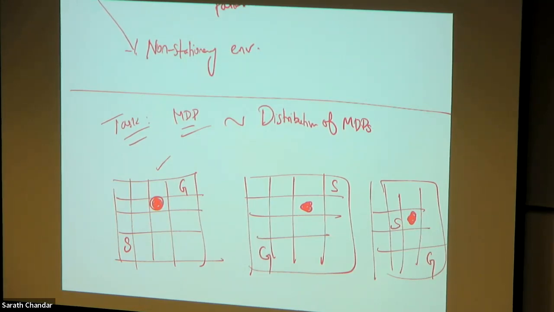The problem with tabular approaches is that you're learning a value function for this particular state, so your state here is not good enough to handle the distribution of states.